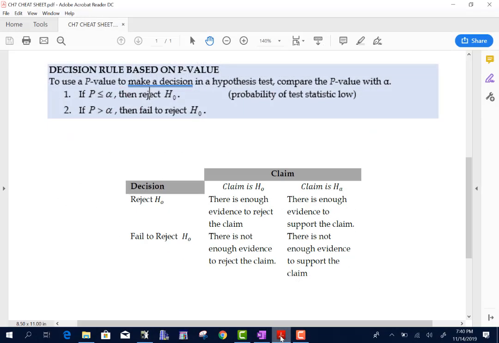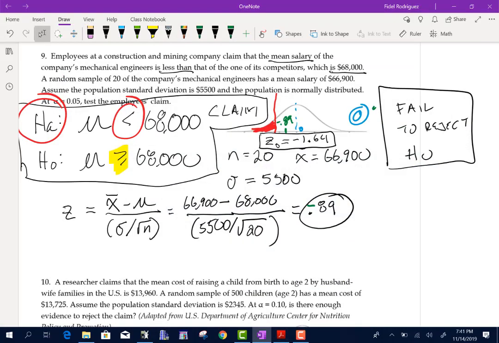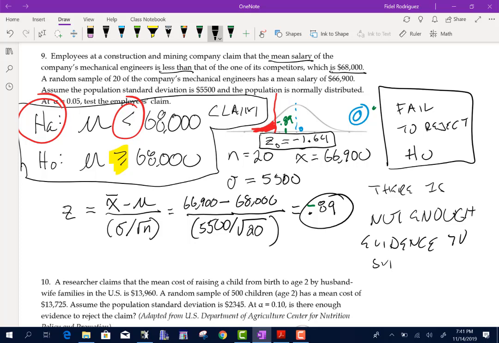So when I say my claim is my alternate, and we fail to reject the null, then we're going to say there is not enough evidence to support the claim.